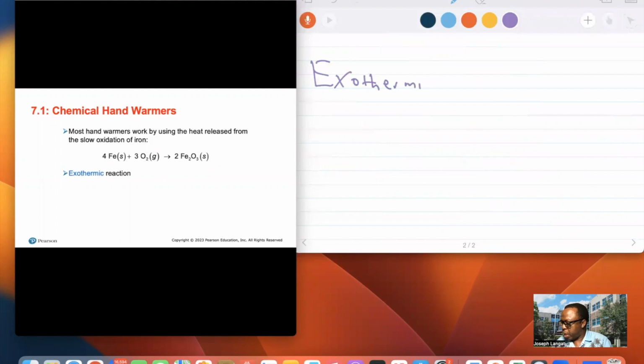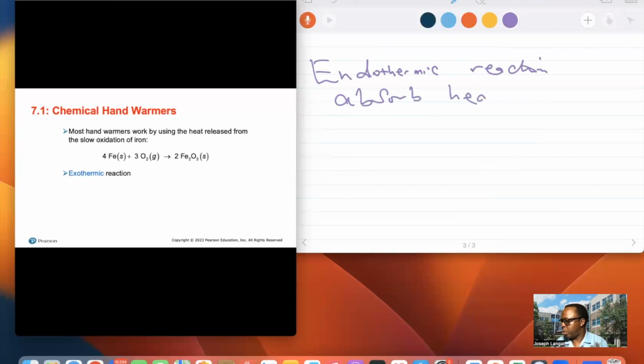Let's get started with learning some of the new terms here. Exothermic reactions release heat to the surroundings, and endothermic reactions absorb heat.